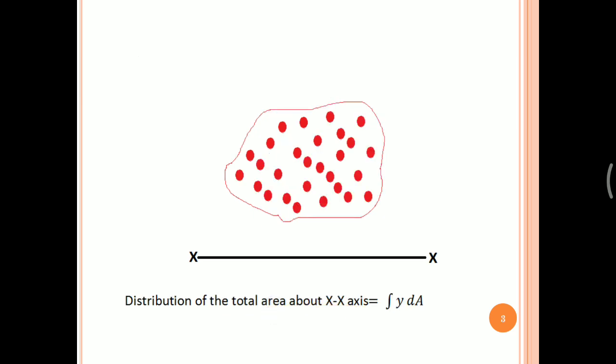Now, I am considering my entire area to be formed by so many such small areas. Here you can see a lot of red dots.